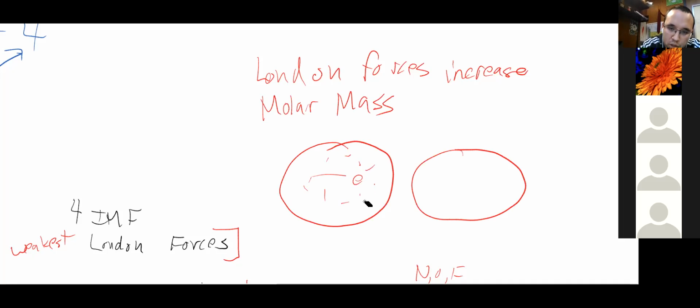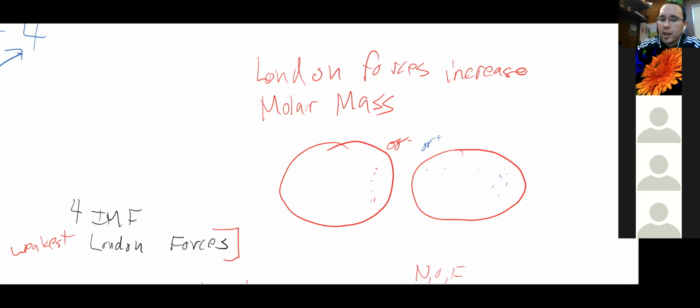So if more electrons are over here on the right, that's going to give this side over here a little partial negative charge. And so that's going to cause this side to push the electrons over, and it's going to become partially positive in response, right? So that's why our London forces are temporary and based on the electron movement.